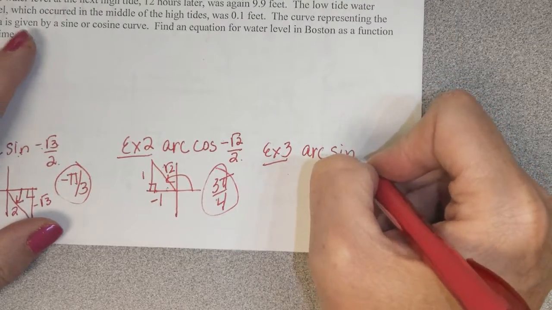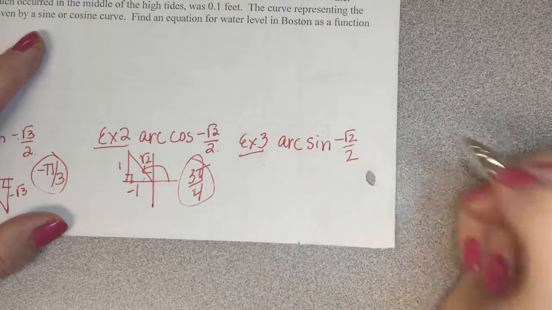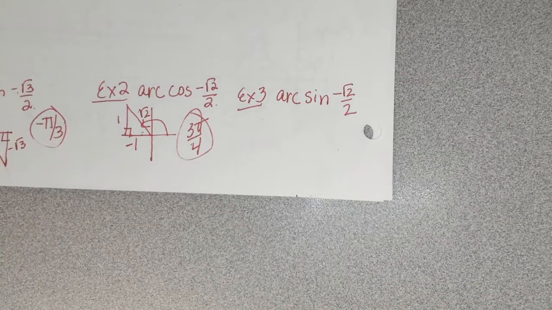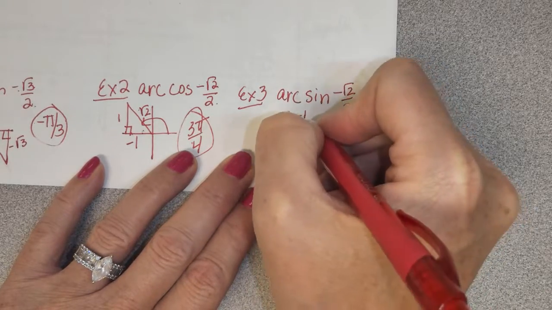Arcsine of negative radical 2 over 2. And remember, this means the same thing as this. It could have been written like this. It means the same thing.